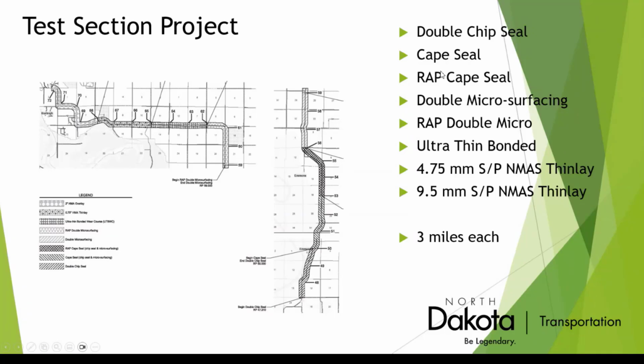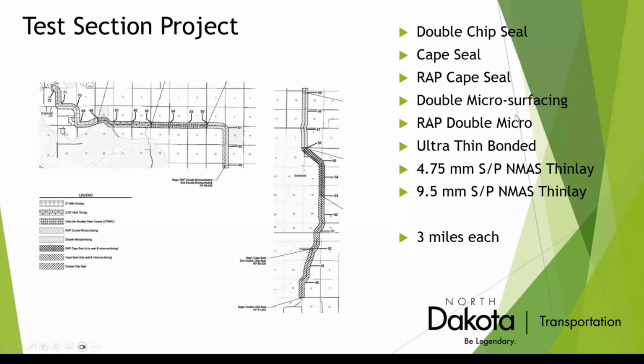A lot of interesting things done on that job, and they were fairly long test sections. Tyler goes into a little more detail on that, but again, these are pavement preservation type techniques and really good test sections. Paver laid seals.